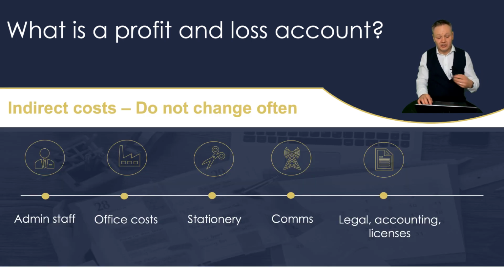So here we've got, you might have administration staff, so their focus is not really the selling of your product or service. They're really there to do your paperwork, answer the phones for sales inquiries, maybe order some stationery for you, but they're not necessarily there to help you to sell your product or service.